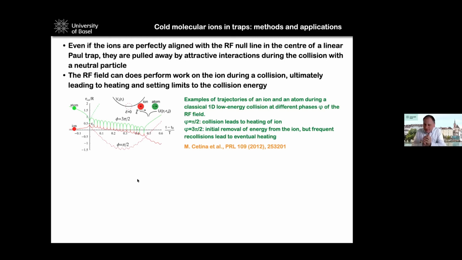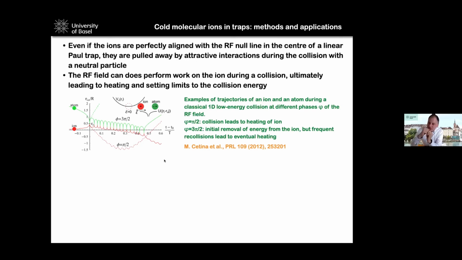Yeah, so the micromotion still starts to play a role because, and this has first been discussed in this seminal paper from Vladan Willitsch's group, even if the ion is placed on the RF null line, at the point when some neutral particle approaches the ion, the interaction between these two particles starts to pull the ion away from the RF null line, and in that case it assumes micromotion again, even if the micromotion was perfectly compensated to begin with.